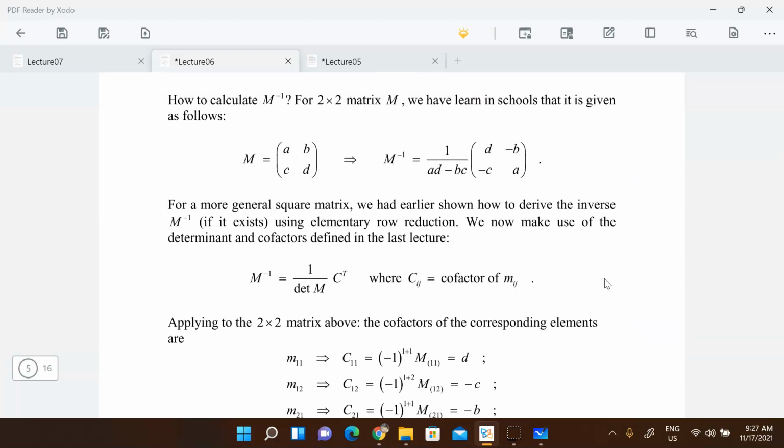Again, these are just recalling what you have already known for the case of 2 by 2 matrix. And remember I mentioned the determinant just now, so you can see the determinant plays a role here. This is the determinant of M, and if you find that this determinant of M equals 0, then you have a difficulty. You get 1 over 0.